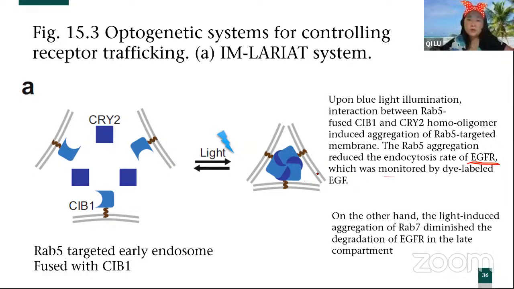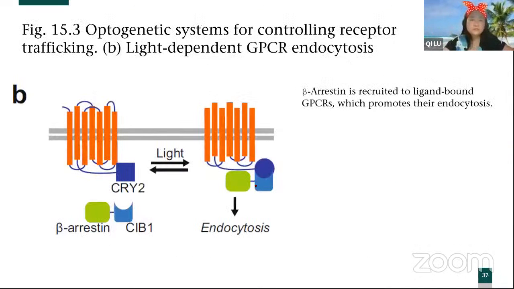It will reduce the endocytosis rate of this receptor, and it will also reduce the degradation function of these receptors until you give another signal to dissociate those endosomes. So that's how light can control endocytosis and exocytosis functions.